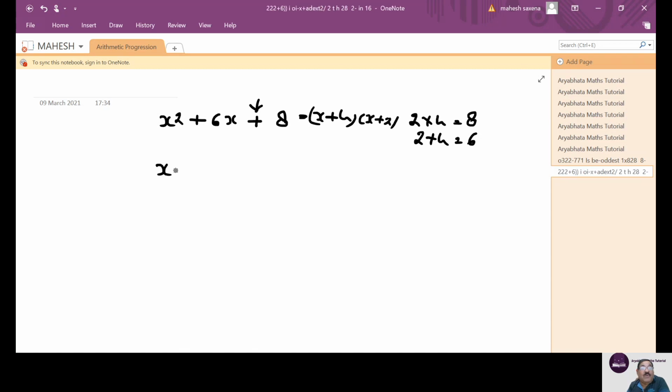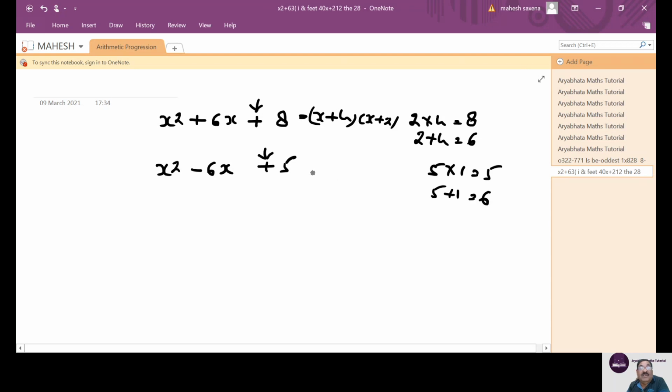Take x square minus 6x plus 5. Here the term is positive, and 5 into 1 is equal to 5, 5 plus 1 is equal to 6. Therefore, the factors are x minus 5, x minus 1.